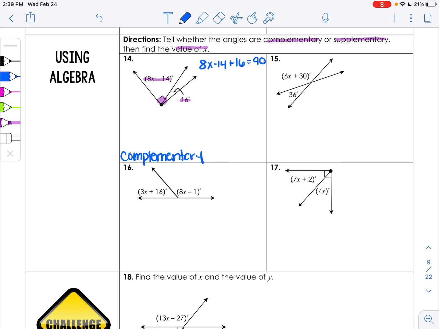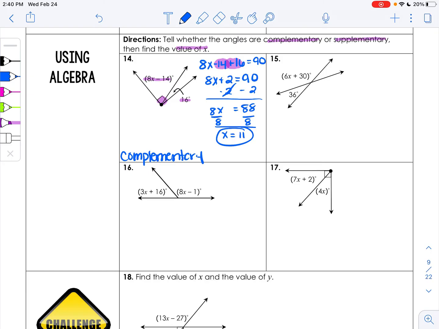Now this is an equation that I can solve. I would start by combining my like terms, negative 14 plus 16. That would give me 8x plus 2 equals 90. Now I have a two-step equation. Subtract 2 from both sides. 8x equals 88. Divide both sides by 8, and x equals 11.